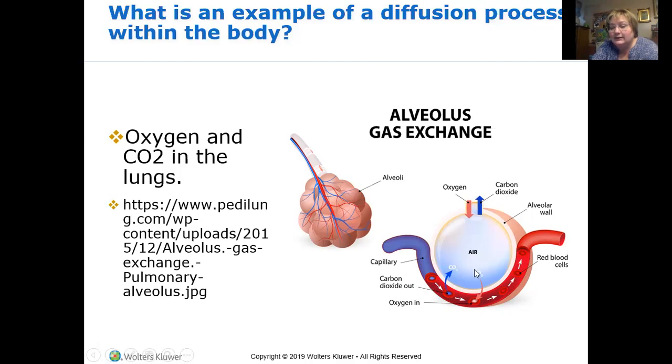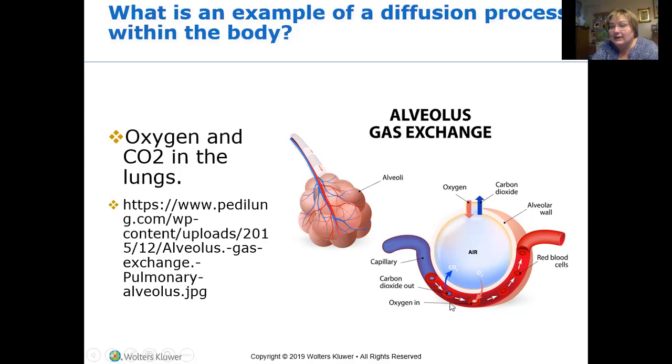There's an area of high concentration of oxygen here and low here. We're going to pick up oxygen, and we have lots of CO2 in our blood. We're going to put that CO2 back into the air within the lung, that little alveolus, and then we're going to exhale and breathe out the CO2.